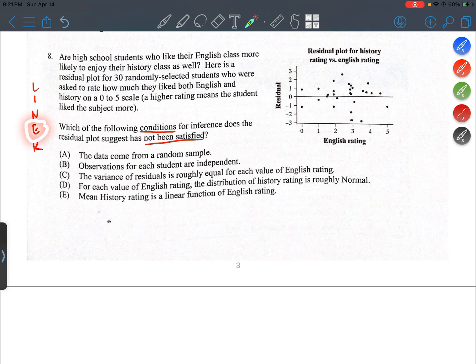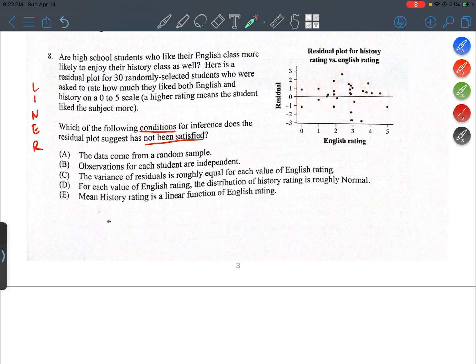E stands for equal SD. So this means that the standard deviation of the residuals should be fairly consistent for all values of the explanatory variable. And that's exactly what this graph is for, right? We want to be looking at how much variation there is in these residuals at different values of x.